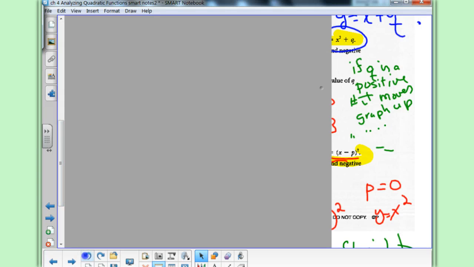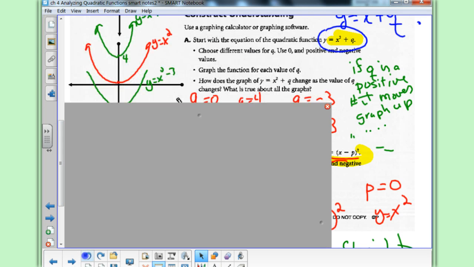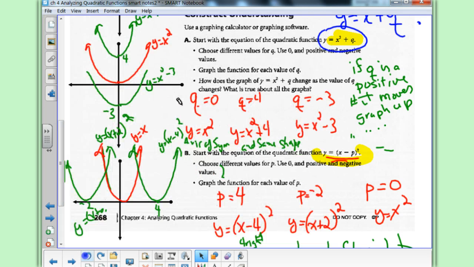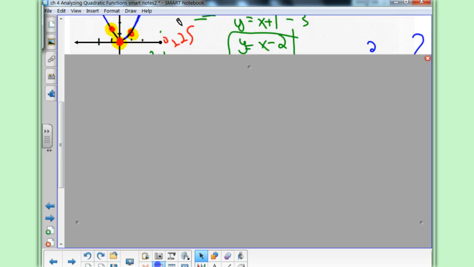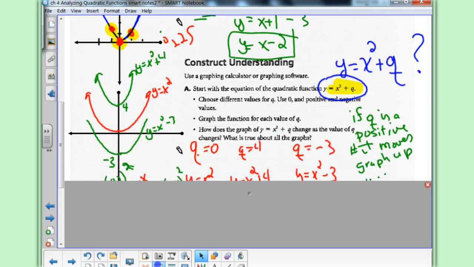Okay, so let's go through this investigation and see what you got out of it. If I play with this investigation about Q, maybe that's a lot for you to see. So if I'm just looking at the first one, pick some values of Q.